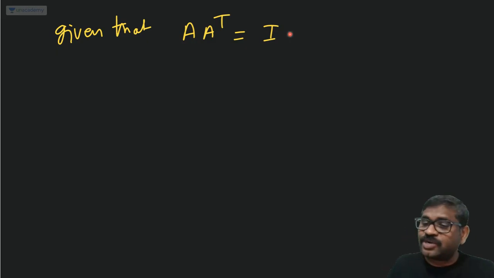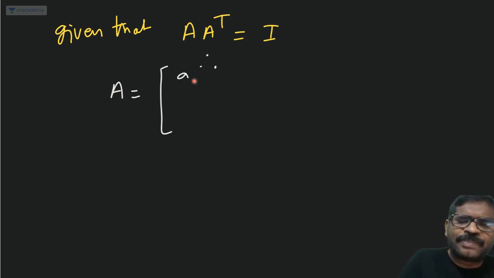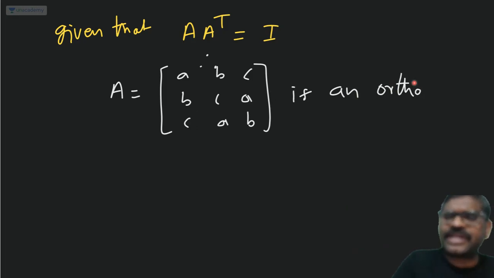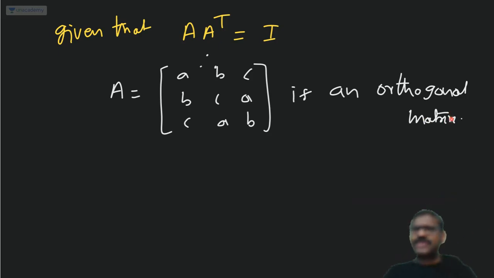A into A transpose equal to I. Therefore, matrix A, ABC, BCA, CAB is an orthogonal matrix. Okay.